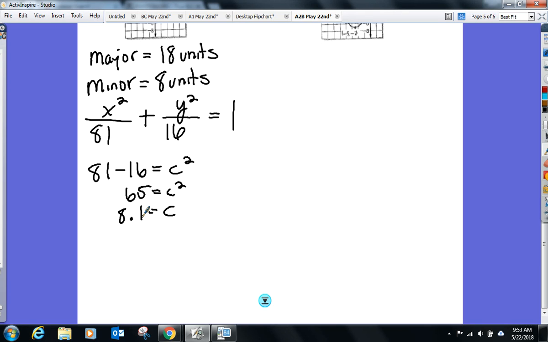What are going to be your new coordinates for the foci? That would be on the x-axis. So it should be 8.1, 0 and negative 8.1, 0. Yep. Those are your foci.